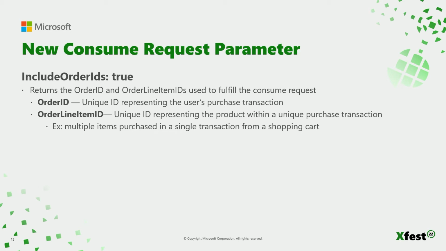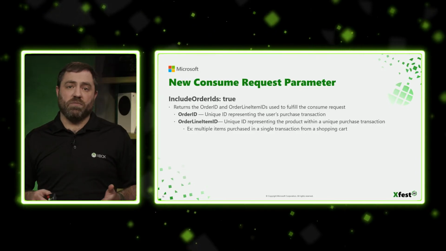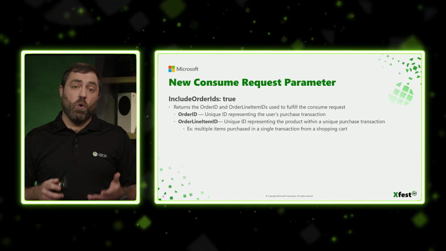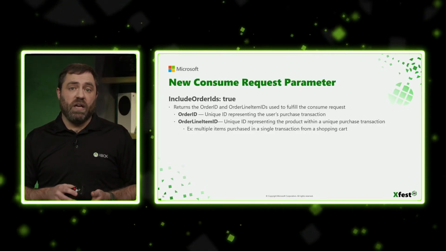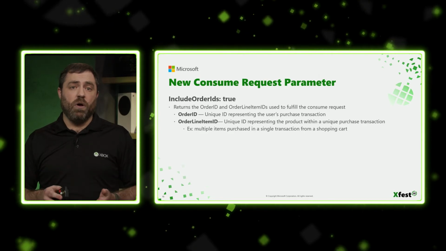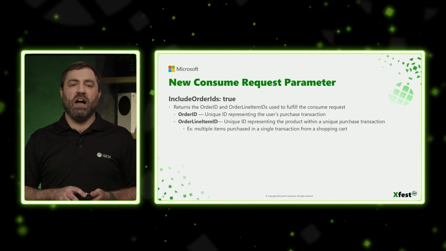An order ID represents the user's purchase transaction, and an order line item ID represents each individual product that was in that purchase transaction. For example, with a shopping cart, all purchased items in the cart would share the same order ID, but each individual item would have their own order line item ID.